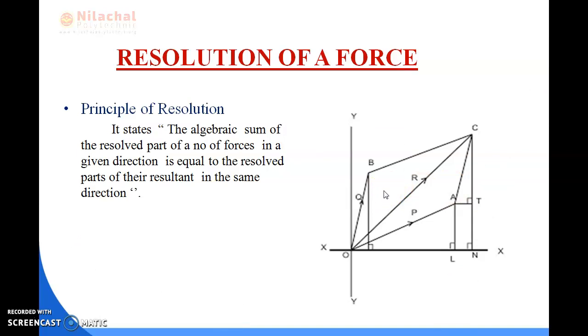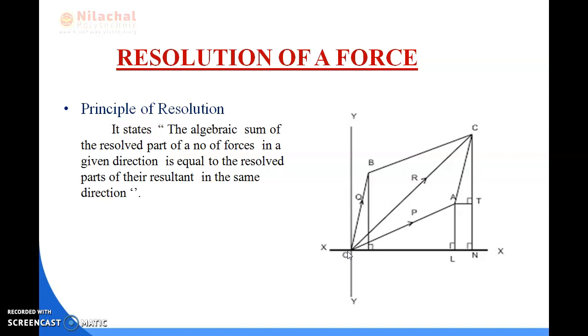In this principle, let two forces, the P force and the Q force, act at point O. They are represented in magnitude and direction by OA and OB.